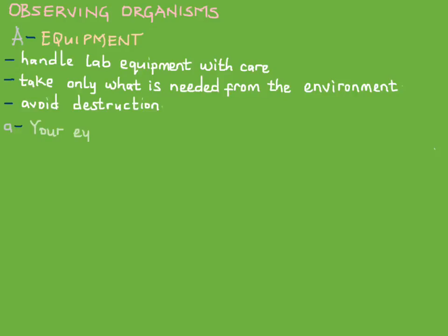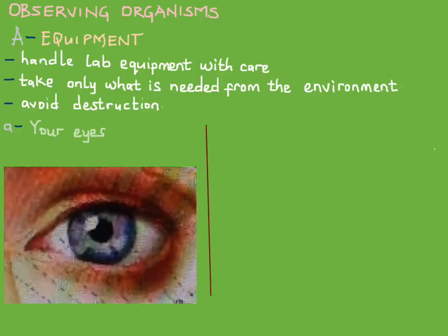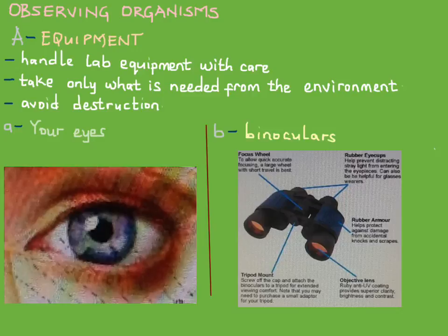A. Your own eyes. The human eye, which is responsible for sight, is the most precious instrument for observing organisms. Binoculars are also a good instrument or equipment used for observing faraway organisms such as birds.